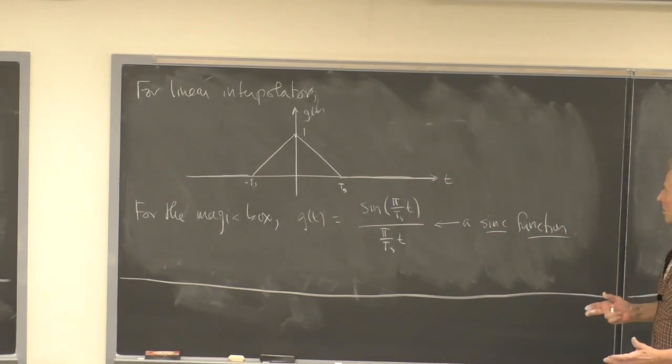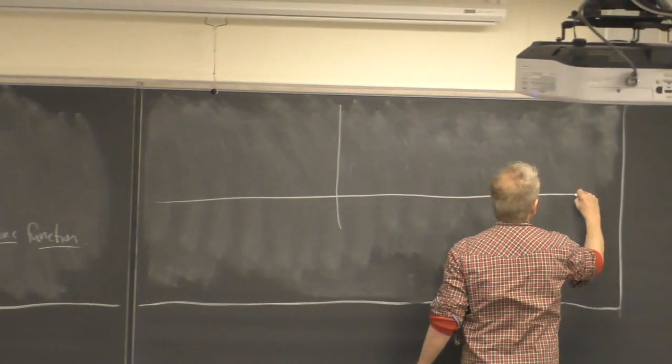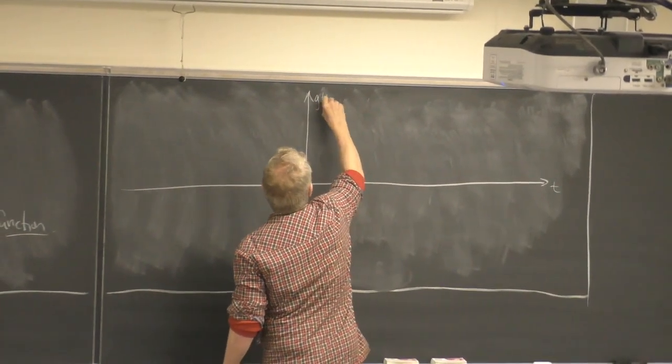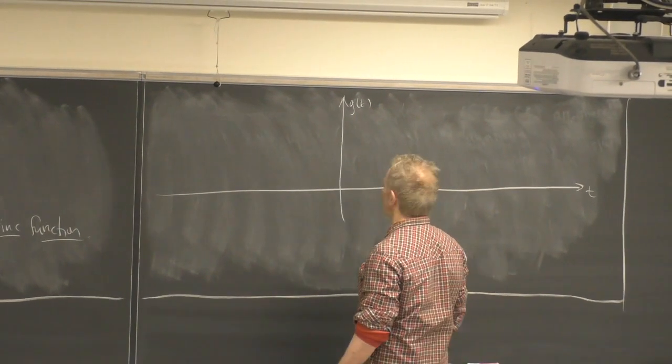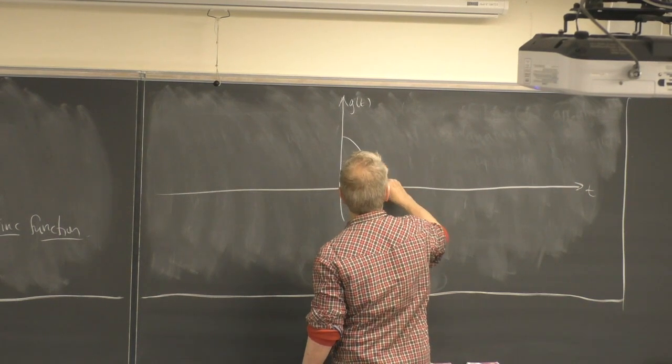We've seen sinc functions briefly before, but let me graph it for you. And this is why some people call the magic box, the ideal D to C, a sinc function interpolator with interpolation interval Ts.